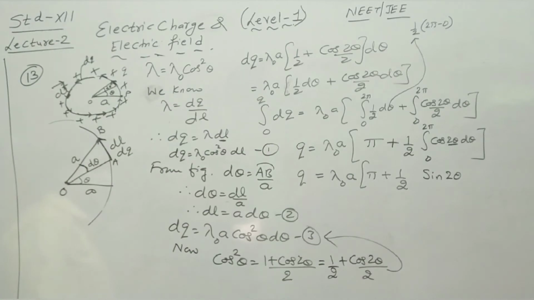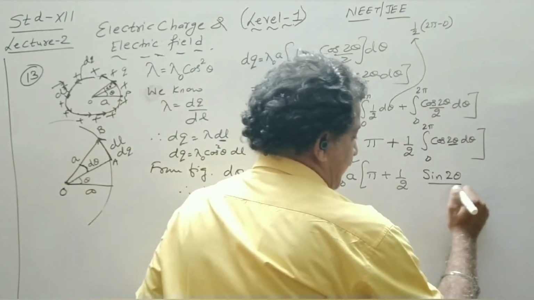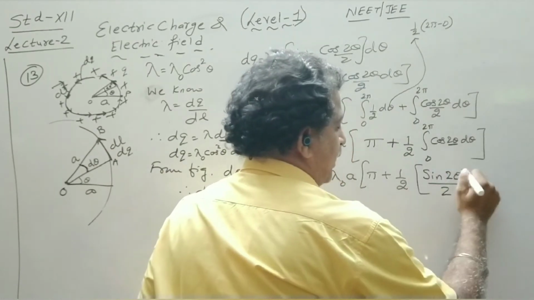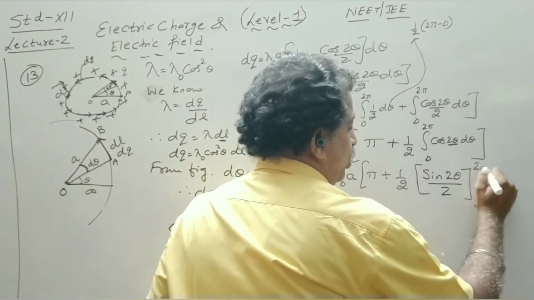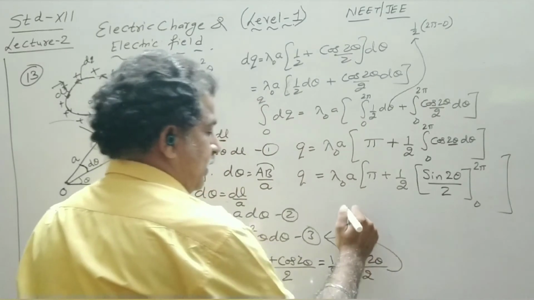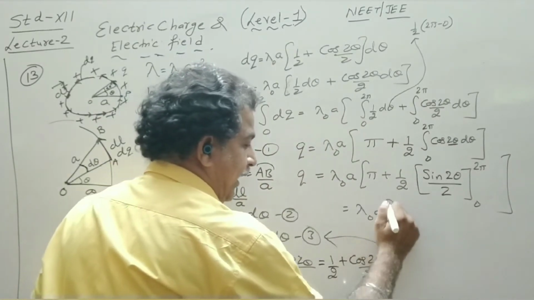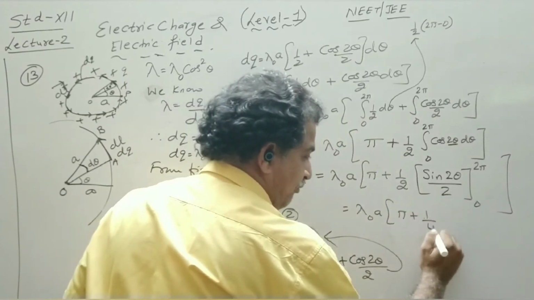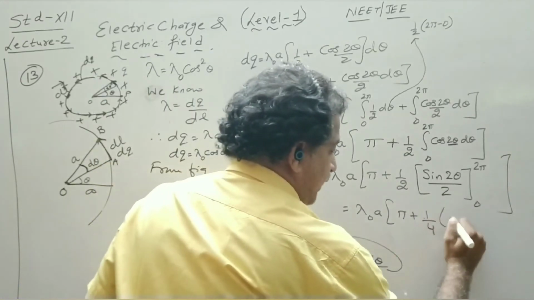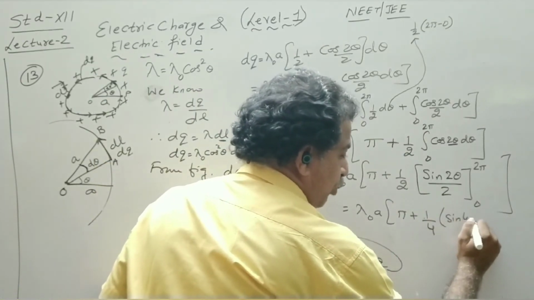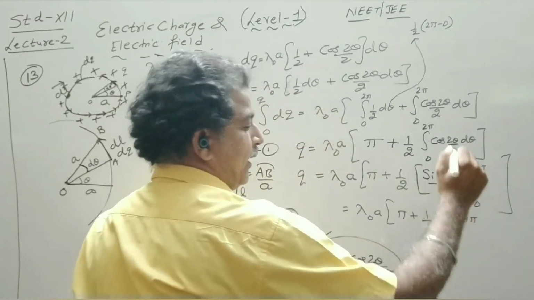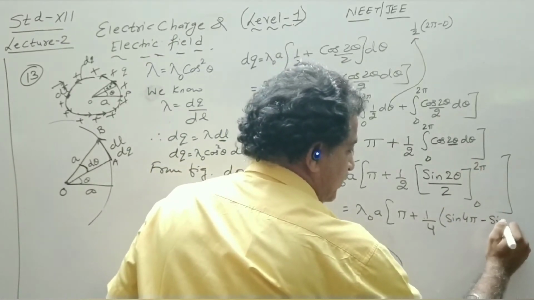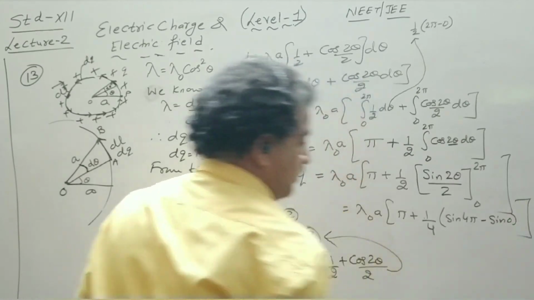This derivative becomes 2, so it should be divided, and the limit becomes 0 to 2 pi. So this is equal to lambda naught A, pi plus this 2 comes out, 1 by 4, limit sin 4 pi, that is 2 pi kept here, minus sin of 0.